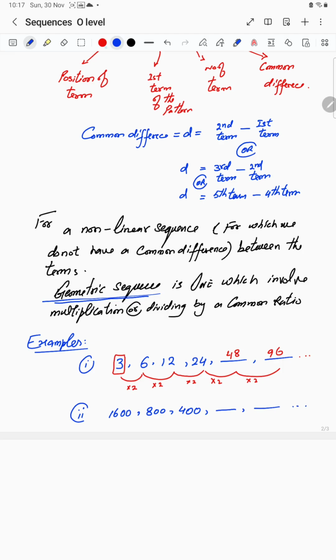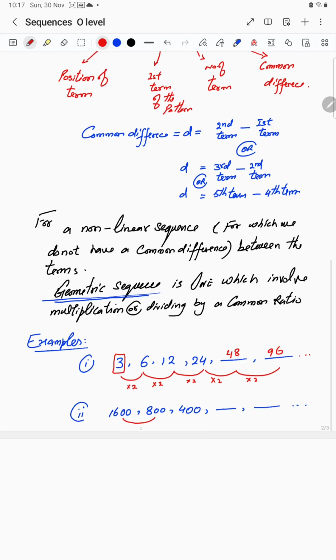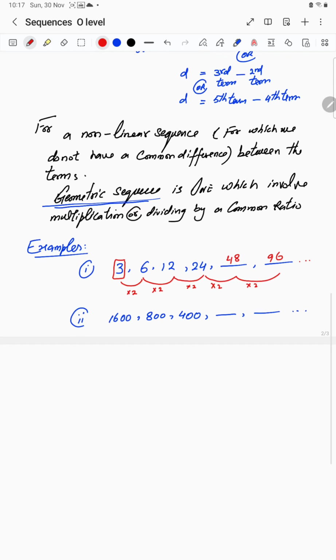Here you can see how we can get this pattern. If you take the difference, it is minus 800, and then it's minus 400. No, it's not a pattern we can have. So the AP sequence is again not applicable here.